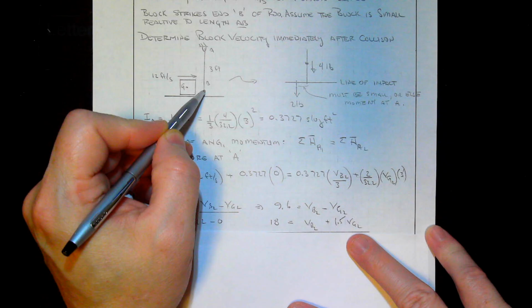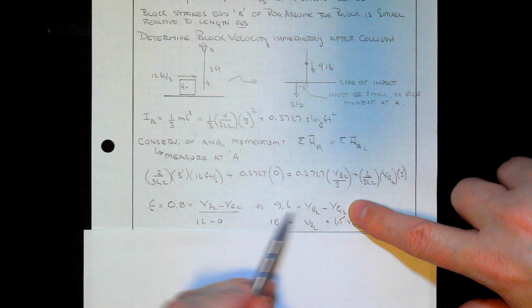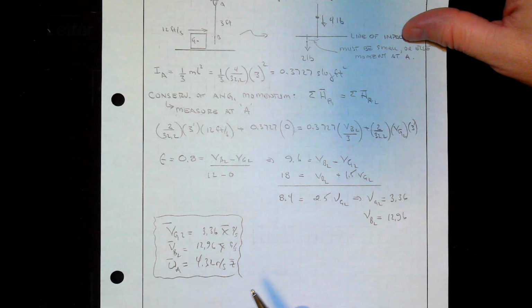This is the problem term. We don't know enough to evaluate it, so we want to be able to say this term is 0. How do you do that?